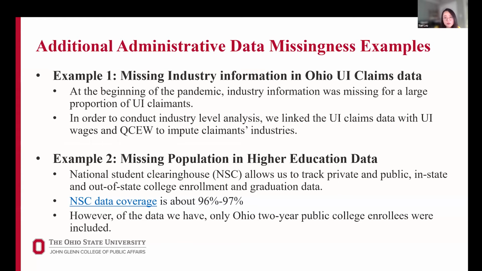It includes both private and public, as well as in-state and out-of-state college enrollment and graduation data. In fact, the NSC data coverage is about 96 to 97%. Some private colleges may opt out, or some students may choose to opt out, but the overall coverage is very high.